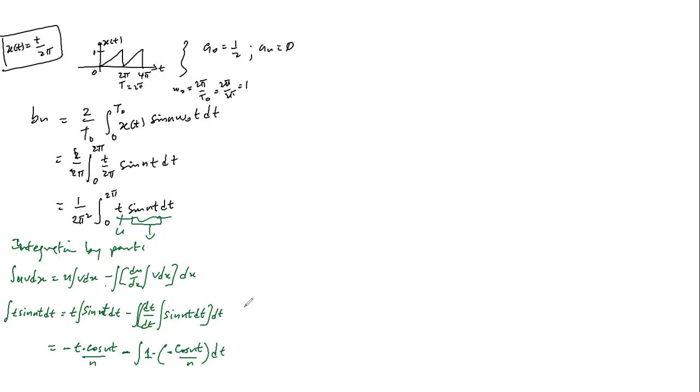Perfect. So this now is going to result in integral t sine nt dt is equal to minus t cos nt divided by n.